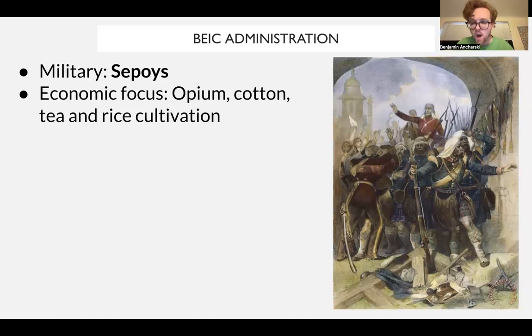Cotton as well. Why do they want cotton? Well, they want a place to have cotton for textiles. India is a place that has great cotton production. And actually, we do see that things are starting to shift in India.